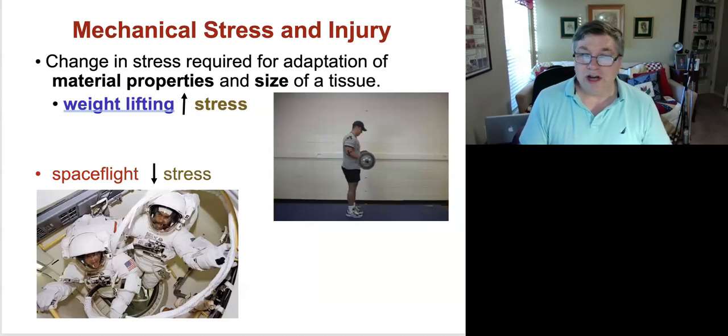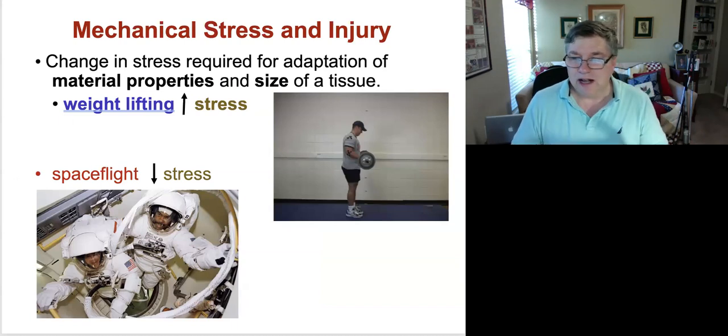If there's a change in mechanical stress, there's, not surprisingly, an adaptation. So if there's an increase in stress, your body adapts by increasing protein synthesis in tendons, ligaments, cartilage, skeletal muscle, and then increasing its mass. If it's a bone, it could increase its density, particularly in adults.